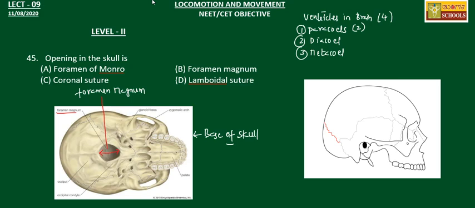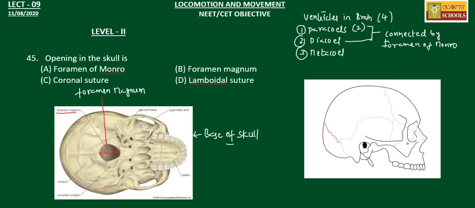Now the paracoels and the diacoel are connected by the foramen of Monroe.